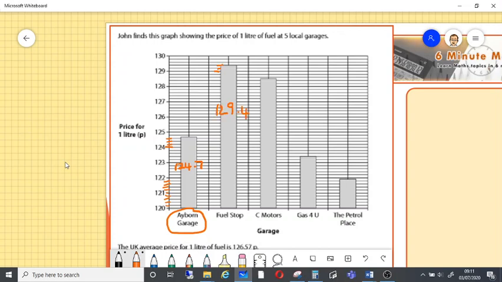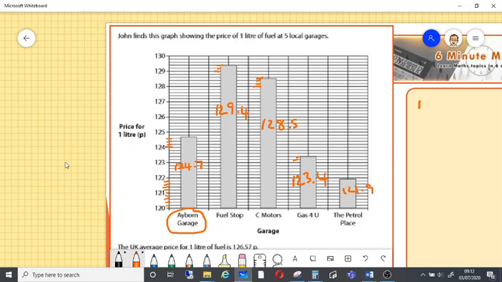The next value for the fuel stop is 129.4. Then for C Motors, we're at 128, 0.2, 0.4, 0.5, so it's 128.5. Gas for You is 123.2, 123.4. And then the petrol place is 121.2, 0.4, 0.6, 0.8, 0.9, so 121.9.